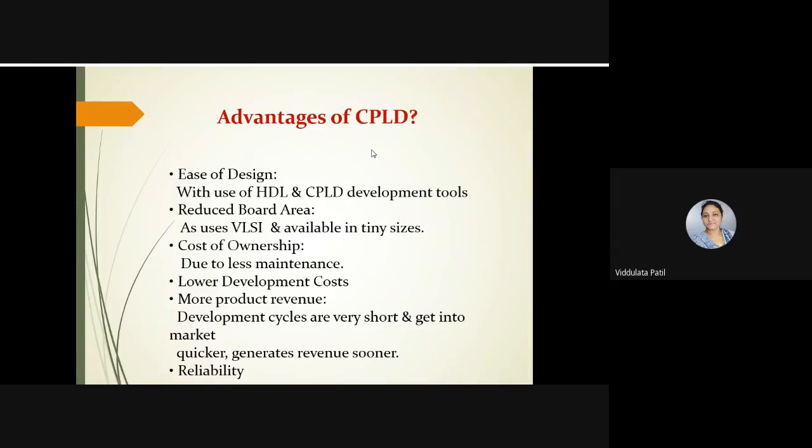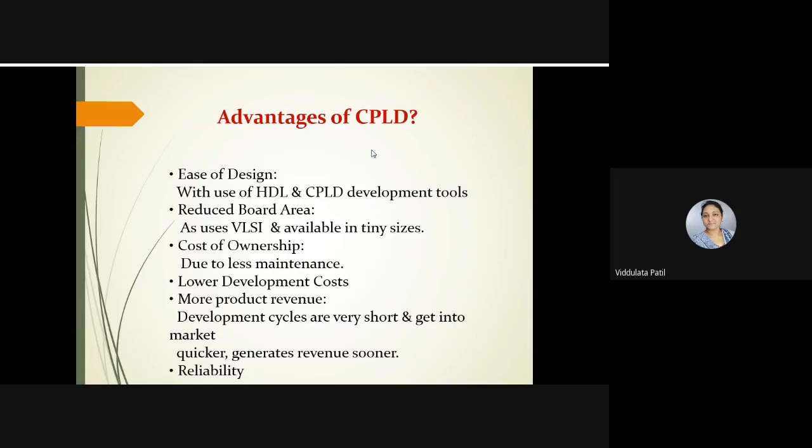That means the development cycle required for a CPLD design is of very short duration, and because of that, you can launch your product into the market quicker. And because of that, revenue generation will be sooner, so that is one more advantage of CPLD.